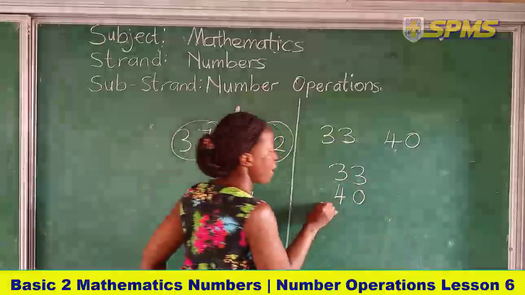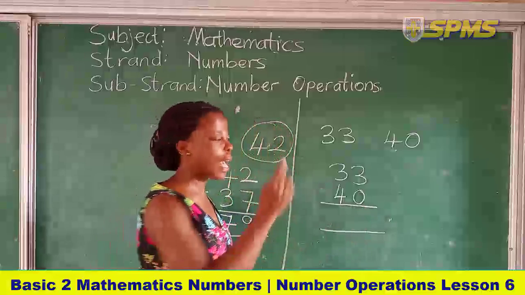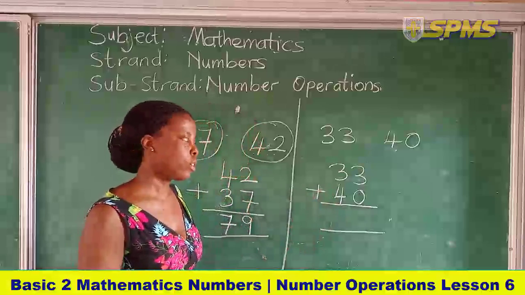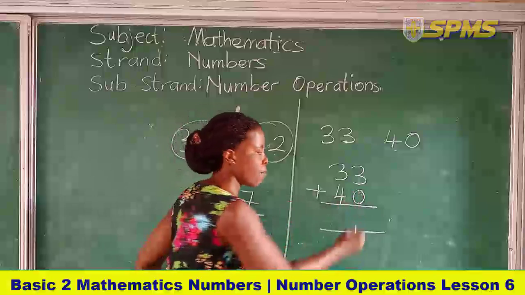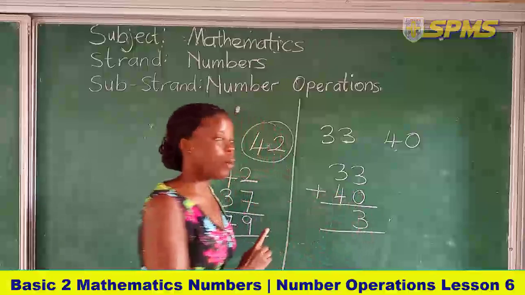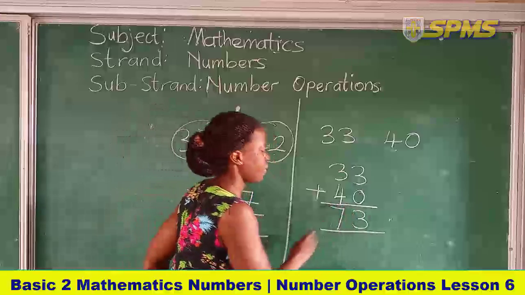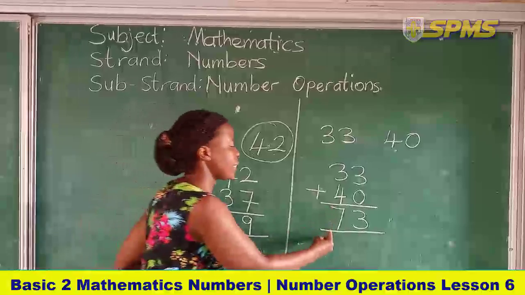Good. You underline. Then you bring your operation sign, which is addition or the plus. That means we are adding. Good. So 3 plus 0 is the same 3. 3 plus 4, 7. So your sum is 73.